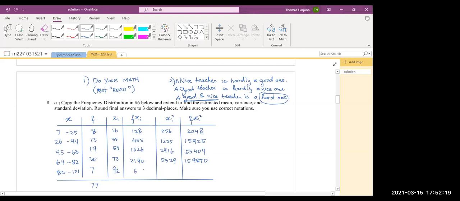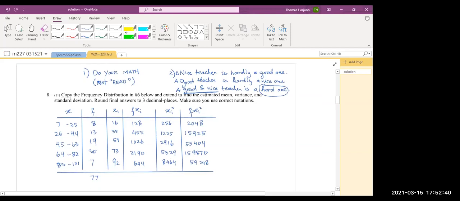644. 94 squared times 7, 59,248. Now I need to add, I wonder if you still remember the coloring. This is the first number, the sum of fx, the second number, the sum of fx squared is the third number.